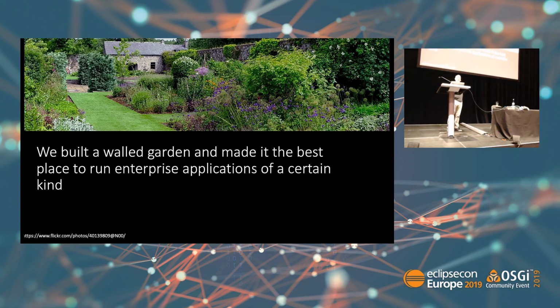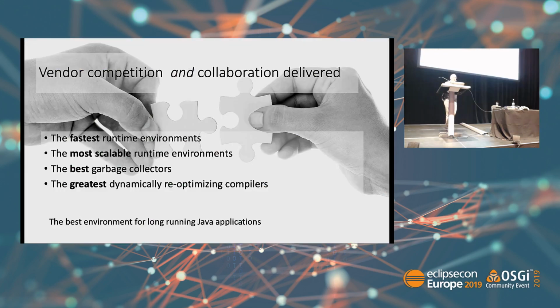Right? We have tuned a JVM to run enterprise Java very, very well. We've worked together for all this period of time to create what is undoubtedly the fastest runtimes, the most scalable runtimes. We have taken the problems that are hard, and the JVM community have fixed them.